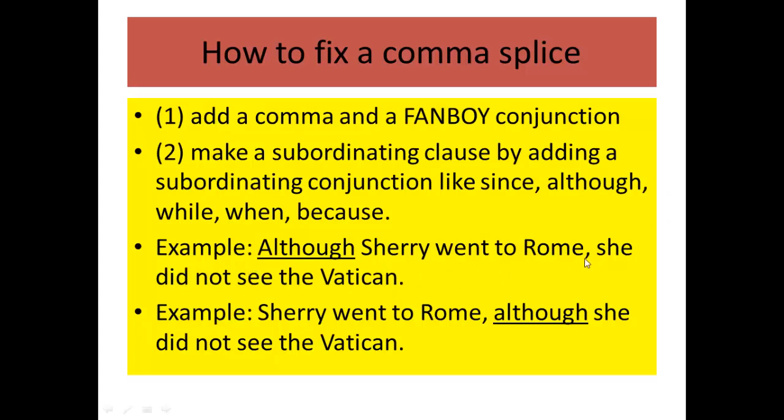Although Sherry went to Rome, she did not see the Vatican. Now, the other way to write this is to start off by putting the independent sentence or independent clause. Sherry went to Rome, although she did not see the Vatican. Both of these are correct ways that you can avoid a comma splice by using a subordinating clause and a subordinating conjunction.